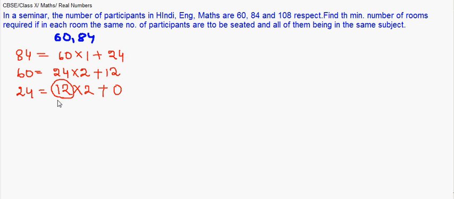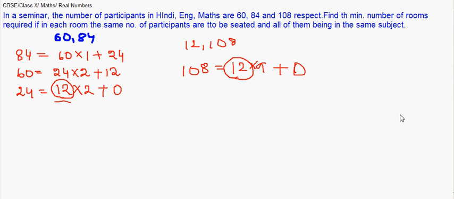I'll take this along with 108. So 12 and 108. This becomes easy. I know 108 when expressed in terms of 12, 12 into 9 is 108 plus 0. So 12 is the HCF of these 3 numbers.